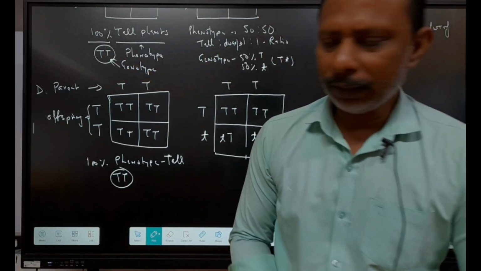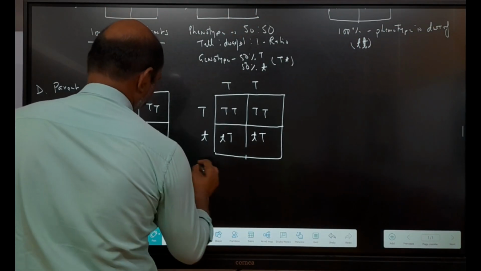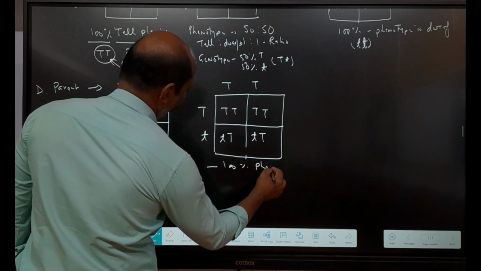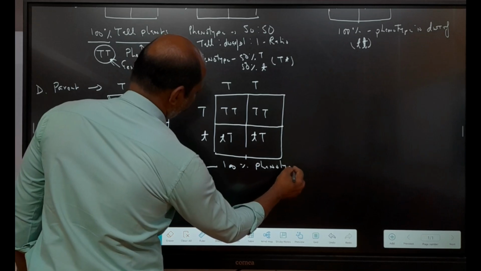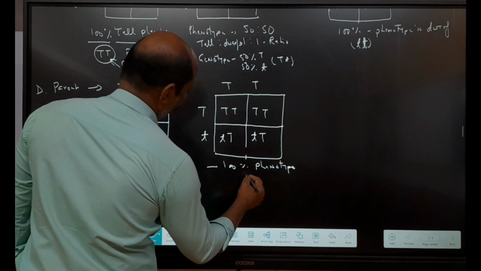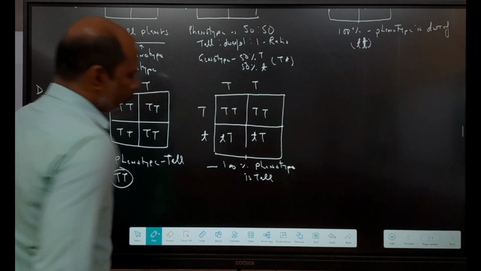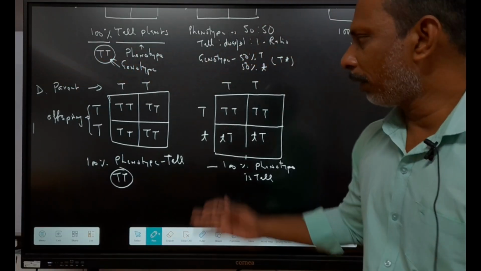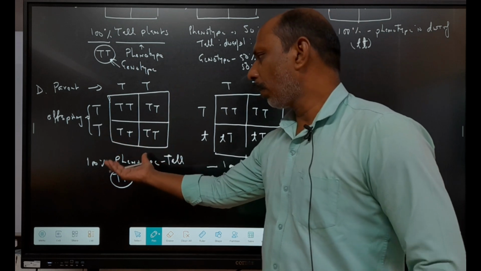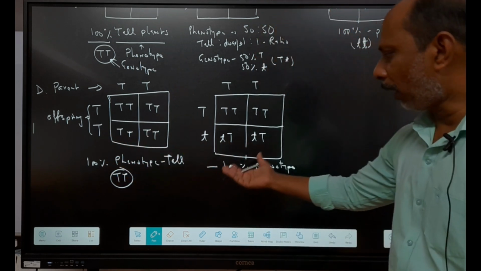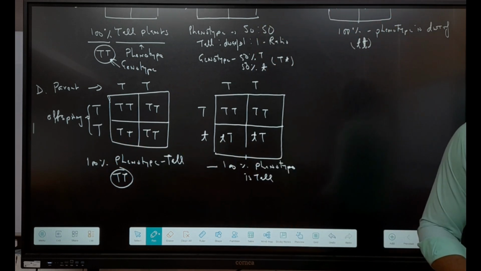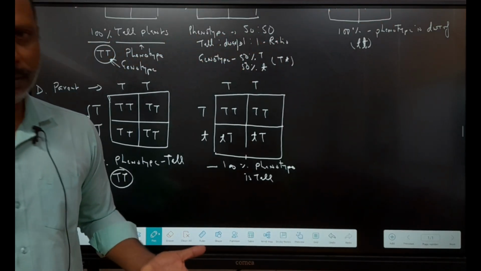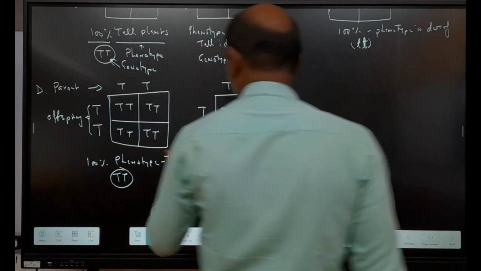Capital T is a dominant trait. That means phenotypically, 100% phenotype is tall. So by seeing the phenotype, the physical appearance, we cannot understand whether this one is hybrid, or whether it also contains 100% phenotype tall, right? Because both contain 100% phenotype tall, we cannot get any idea which one is hybrid or which one is tall.